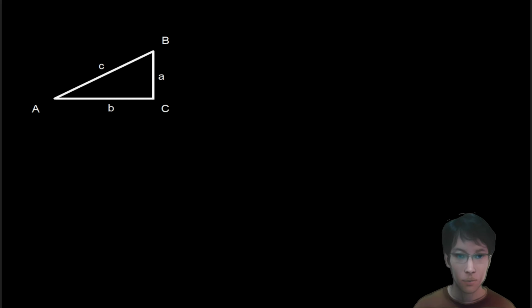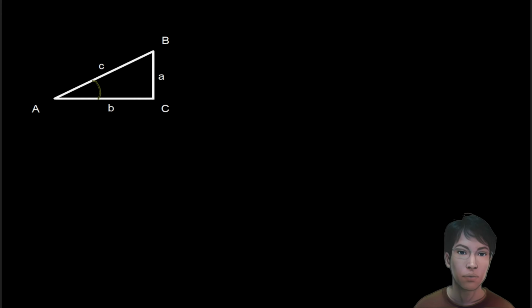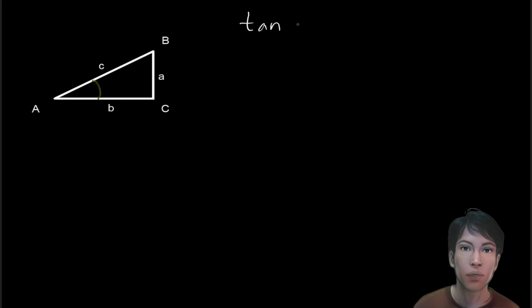Continuing, let me show you that again from this side of the triangle, angle A. Tangent A is A over B, opposite over adjacent.